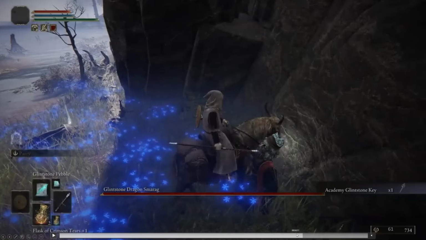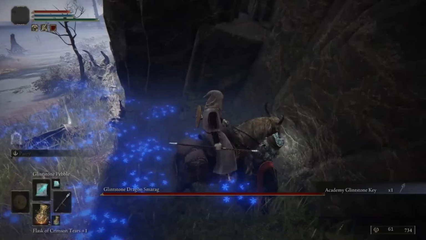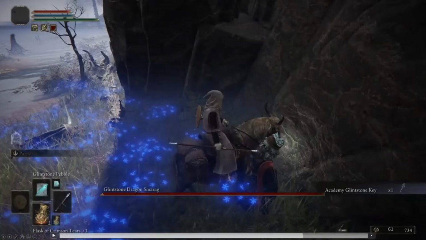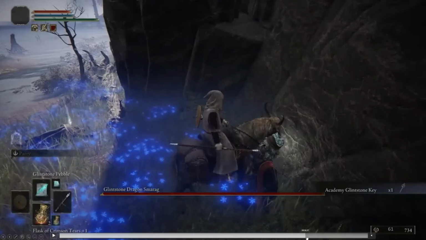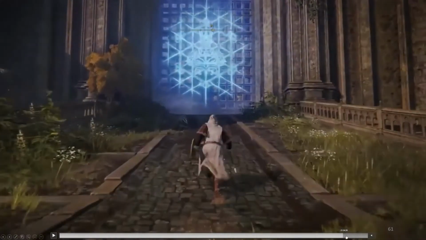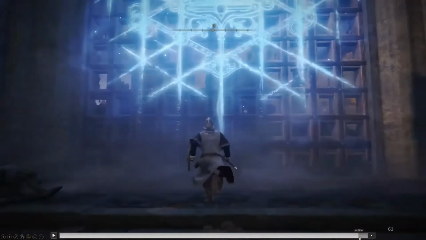So instead of just giving the player a mark with a random object lying on the ground that was supposed to be the key, we get this story that some mages were supposed to meet in this place but were killed by a dragon, and this is how we can retrieve this key to finally enter this school.